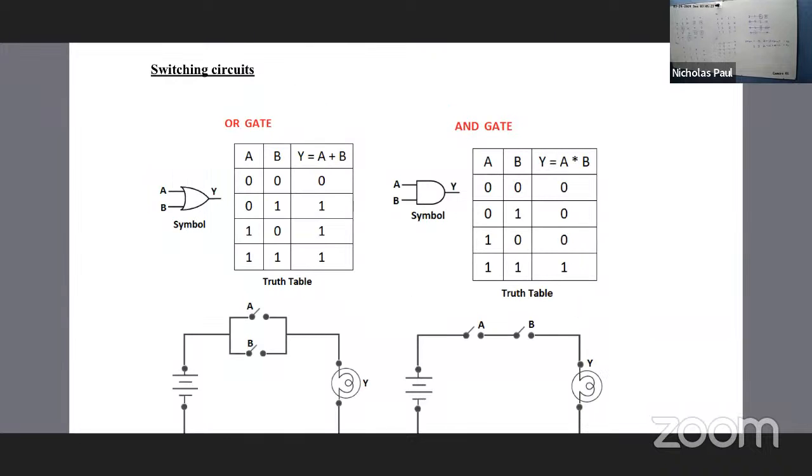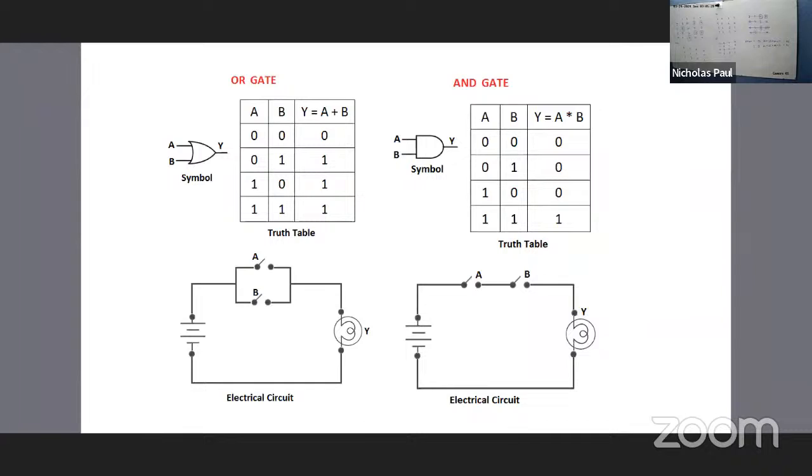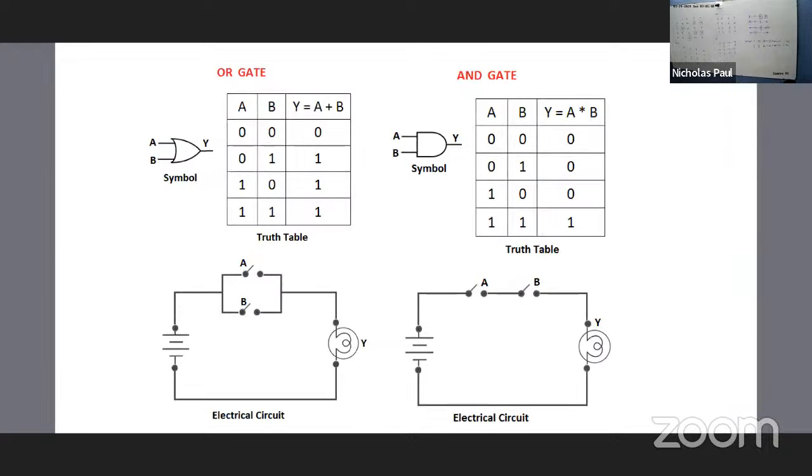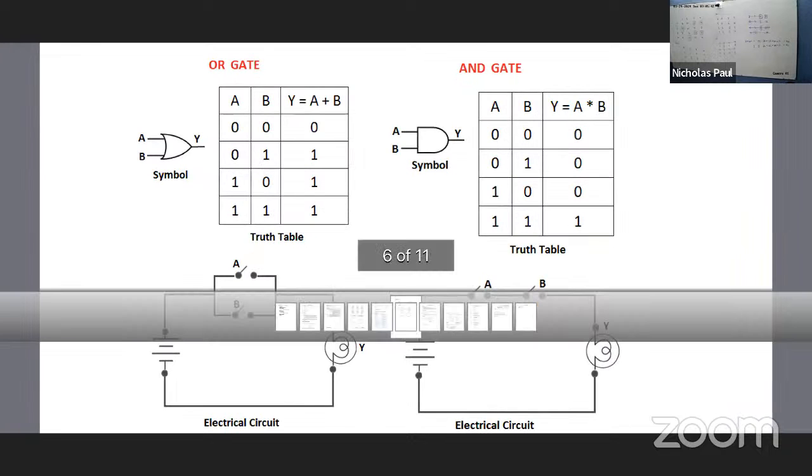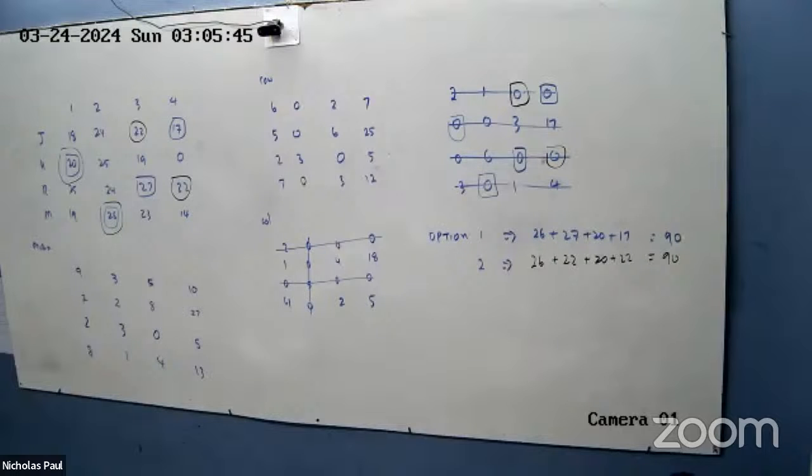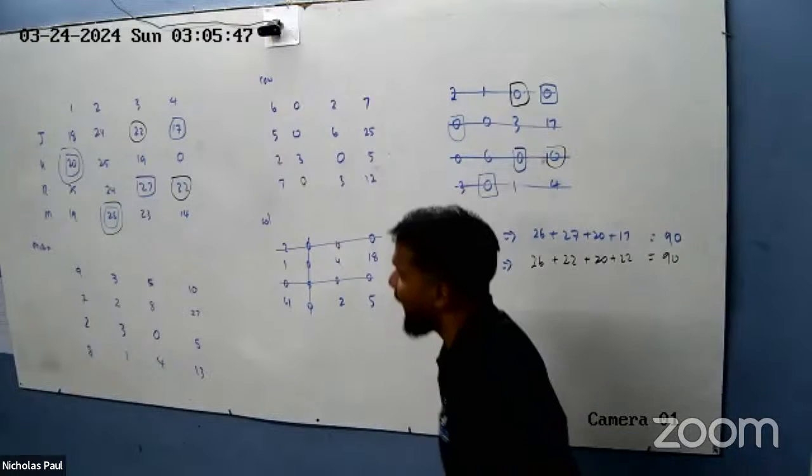Switching circuit. All right. What's the switching circuit here? Whenever you have the OR, you draw a parallel circuit. Whenever you have an AND, you draw the series circuit. So for example, if you have something like this here.